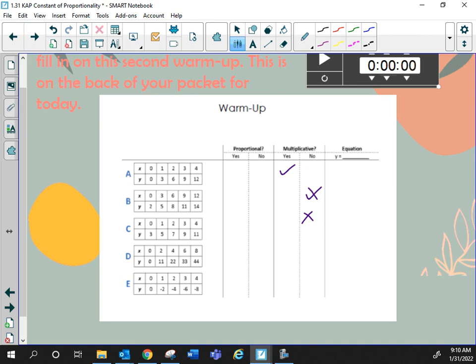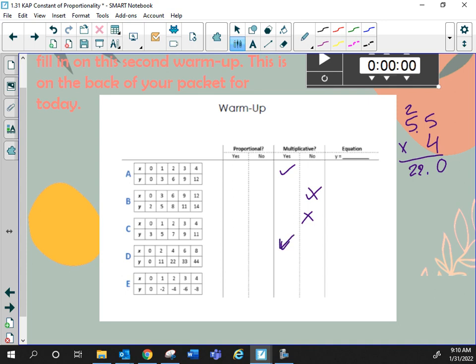For D, yes. What is it multiplying by? 5.5. Y'all agree with that? Let's do 4 times 5.5. Okay, go through the origin, but that doesn't mean it's multiplicative. They might have put just some random numbers in there. That's 20, 22. Yep, that works out. Okay, so yes, it is multiplicative.